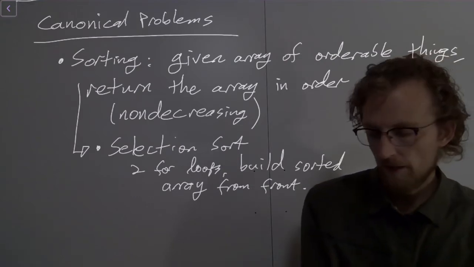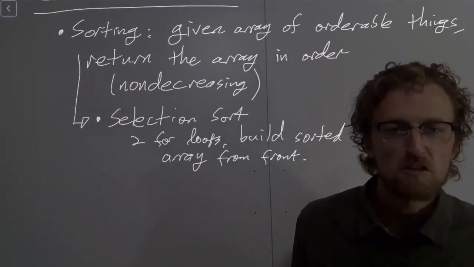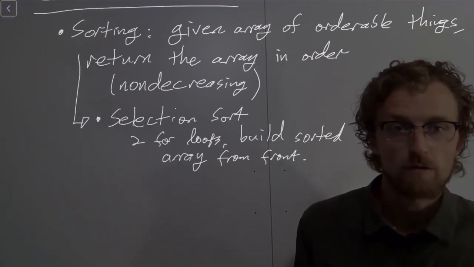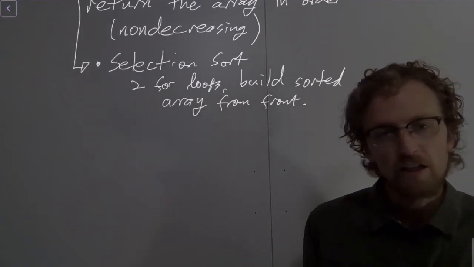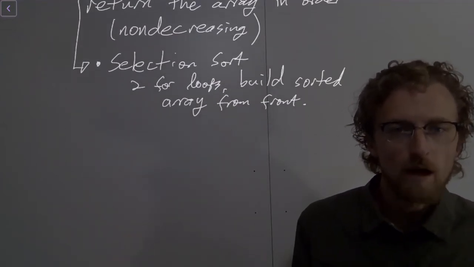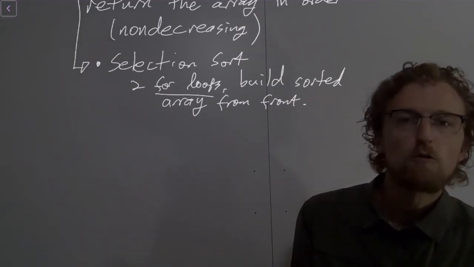Selection sort is one of the classic brute force sorting algorithms. When I say brute force sorting algorithm, I'm typically going to mean it's a quadratic time algorithm, and you can essentially see this because it has these two for loops.